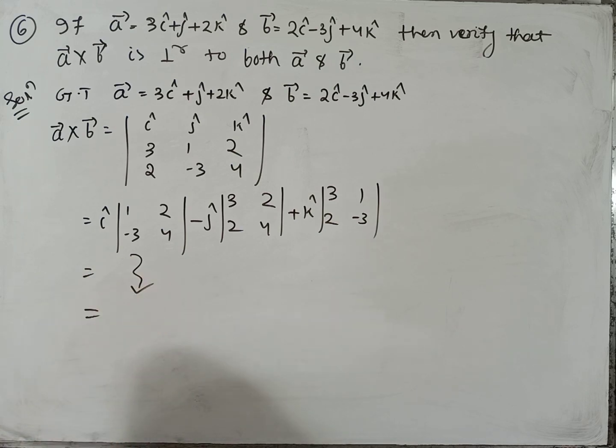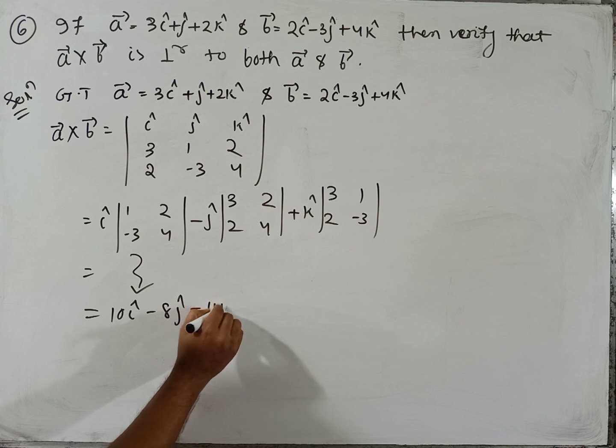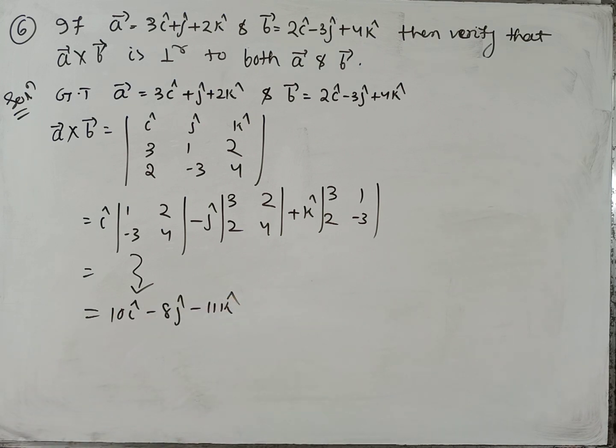You have to solve this. Then you will get the result 10 i cap minus 8 j cap minus 11 k cap.